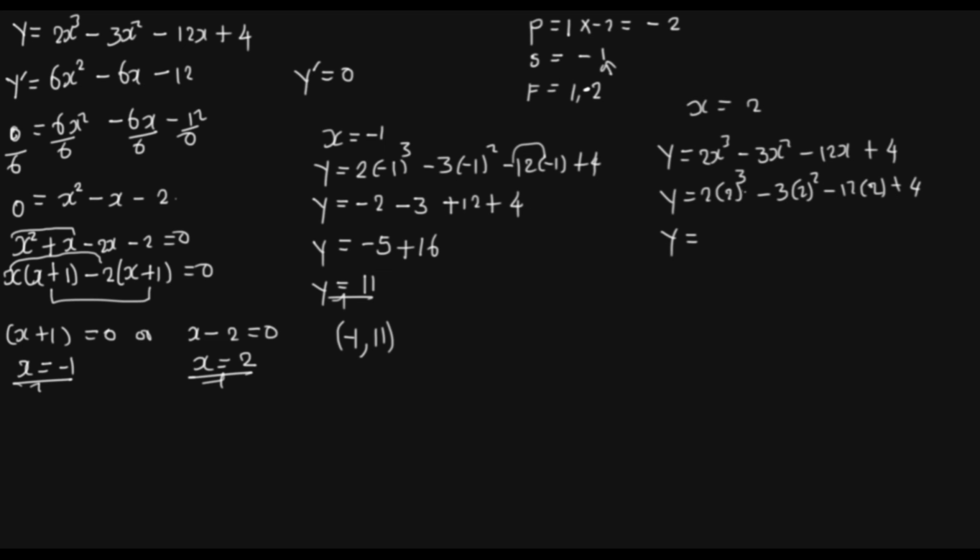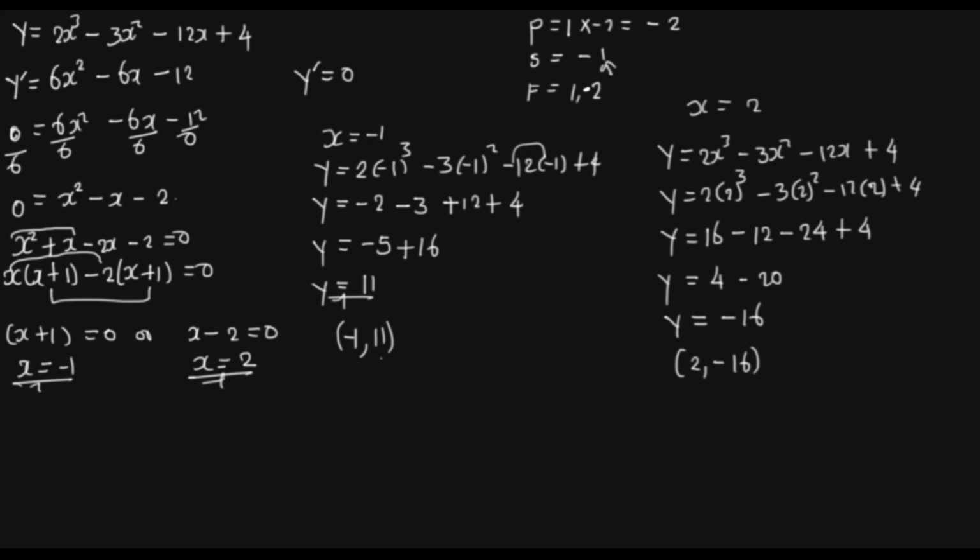So 2 raised to the power 3 is 8 times 2, 16, minus 2 raised to the power 2 is 4 times 3, 12. 12 times 2 is 24 plus 4. Here we can see 16 minus 12 is 4. 24 minus 4 is 20. So y is equal to negative 16. So this pair has 2, negative 16.